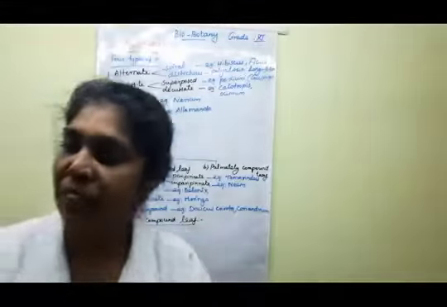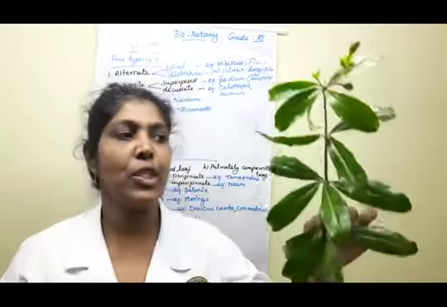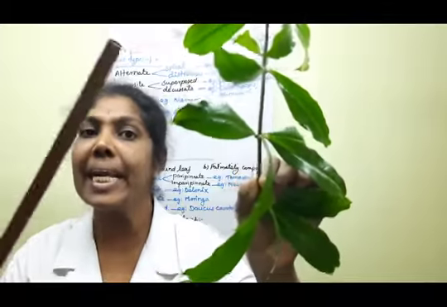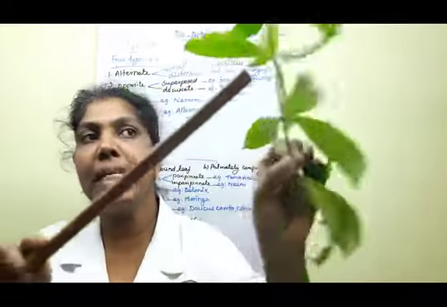That arrangement is known as whorled phyllotaxy. All of you look at this specimen, children. Very good. Here each nodal region has three or more leaves, as I already said.